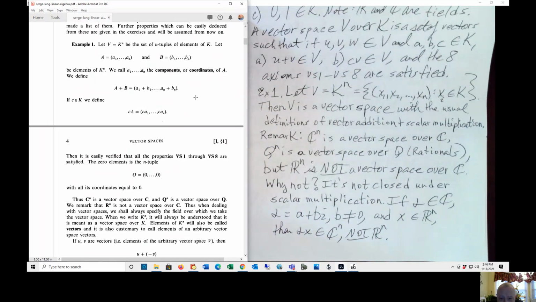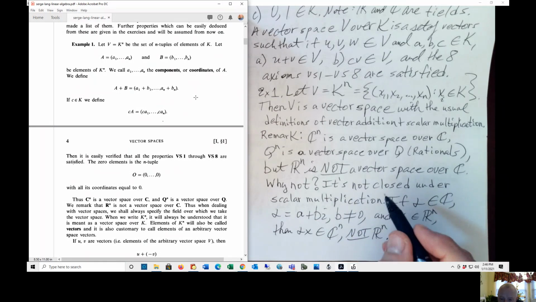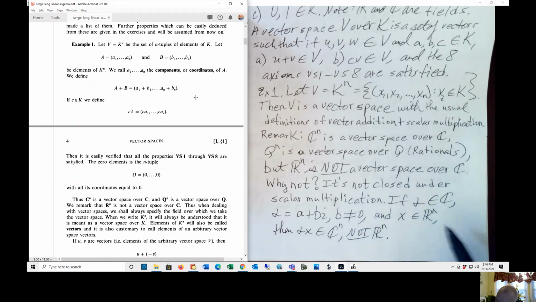We would note that Rn is not closed under scalar multiplication if you take the scalars over the complex numbers. Indeed, if alpha is a complex number of the form a plus bi, where b is not equal to 0, and if x is an element of Rn, then alpha x is in Cn, but it's not in Rn.